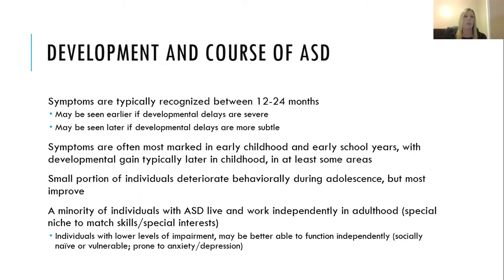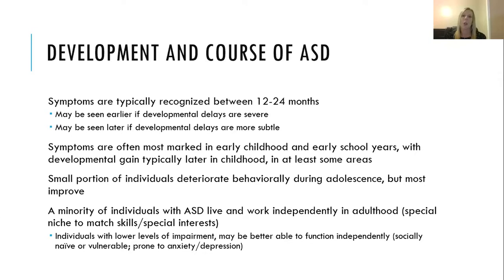So the development and course of autism spectrum disorder. Again, the symptoms are typically recognized between 12 and 24 months. We see this earlier in their developmental period if their delays are pretty severe. It also may be seen later if the delays are more subtle.